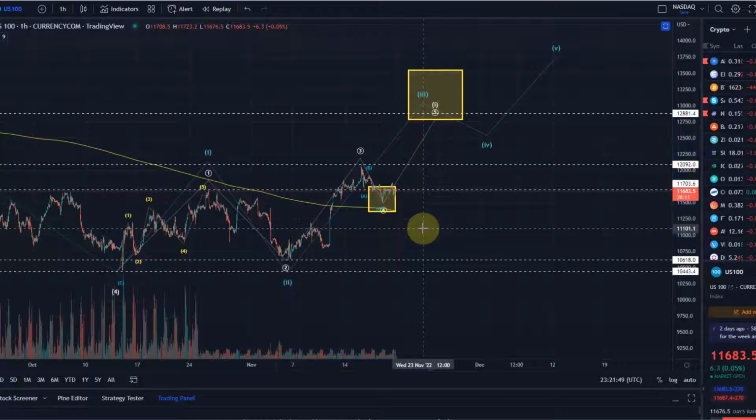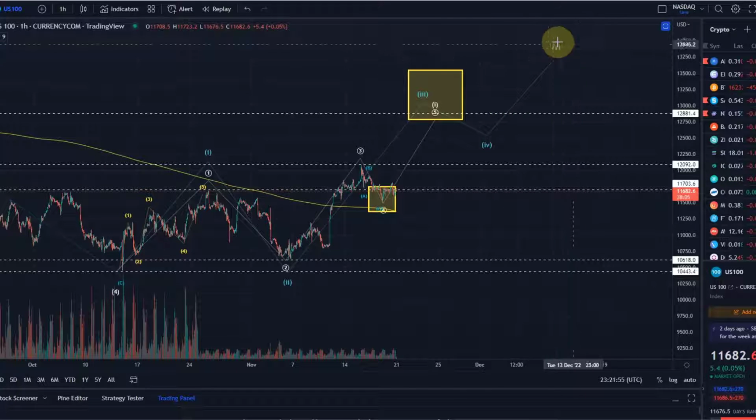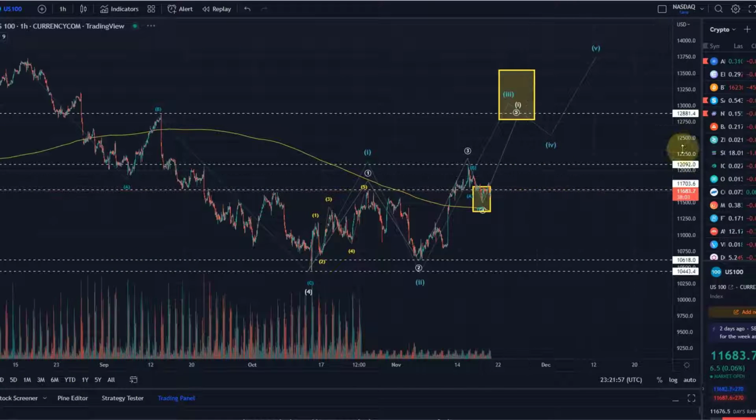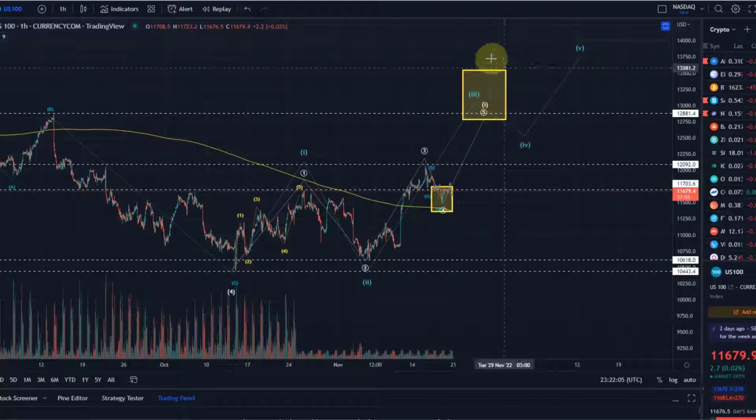So also here, same target, but then we would put another wave 4 in, a shallow retracement, and the wave 5 even higher. So this is going to become interesting as long as we're holding this support level in the coming weeks. I'm going to see here a 12,780 plus NASDAQ.